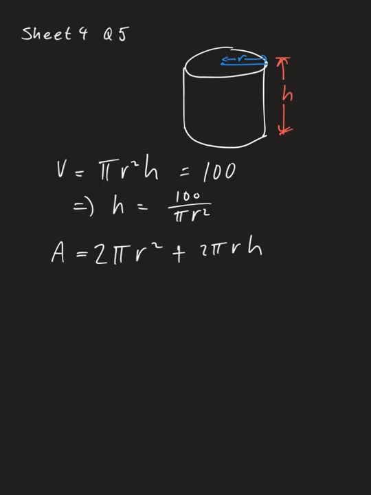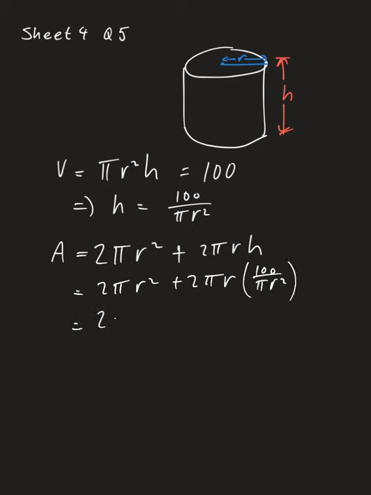So what I'll do now is substitute in that expression for H. So that's equal to 2 pi R squared plus 2 pi R times, from above, H equal to 100 over pi R squared.